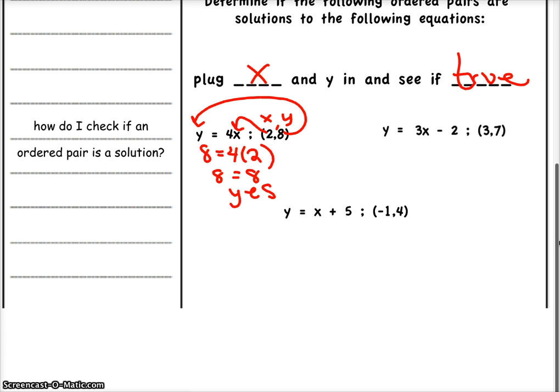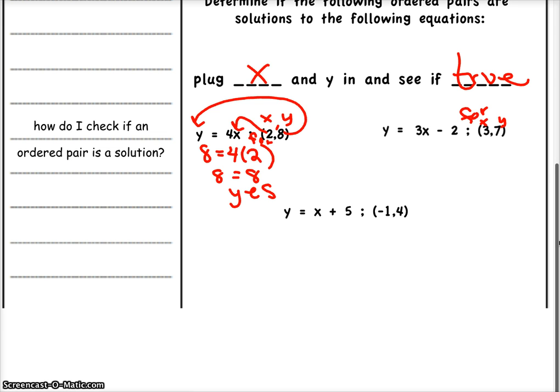So notice my strategy. Remember, the semicolon is the same as the previous lesson. The semicolon just means for the point 2, 8. Here I want to know, does y equal 3x minus 2 for the point 3, 7? Well, you need to know what x and y are.